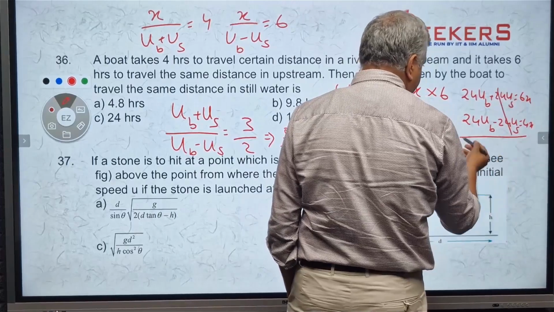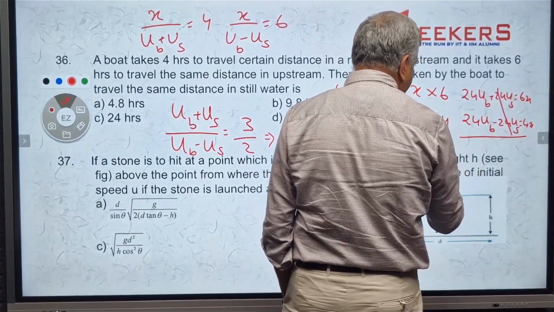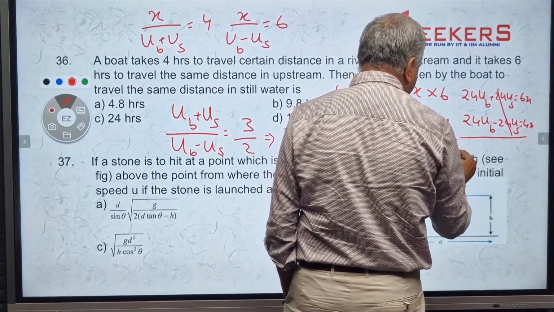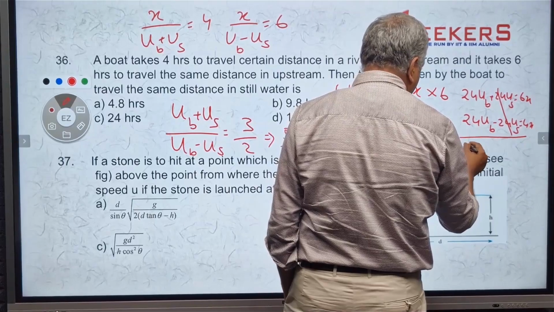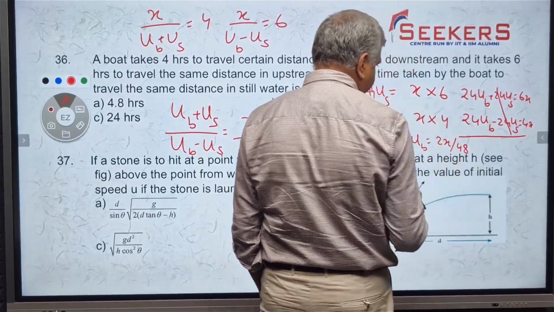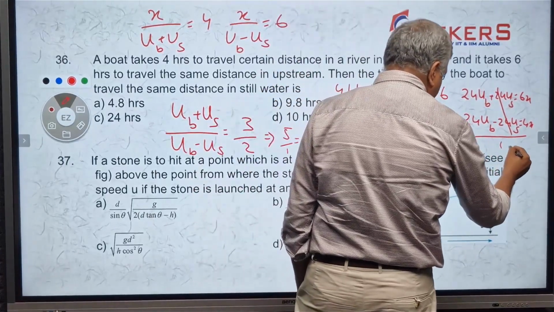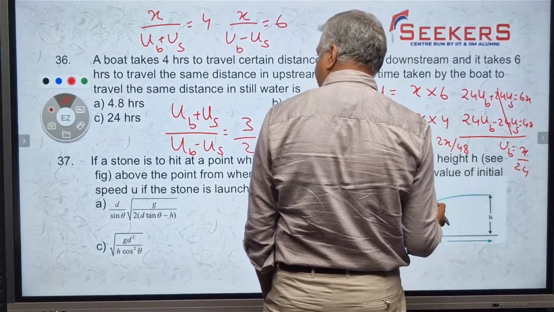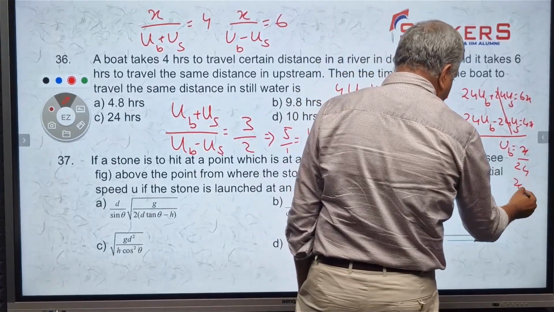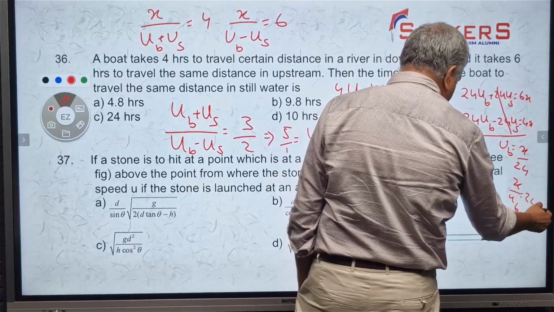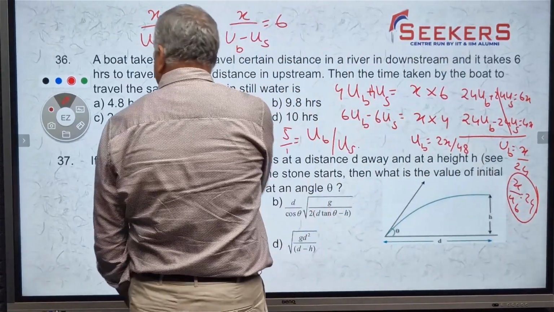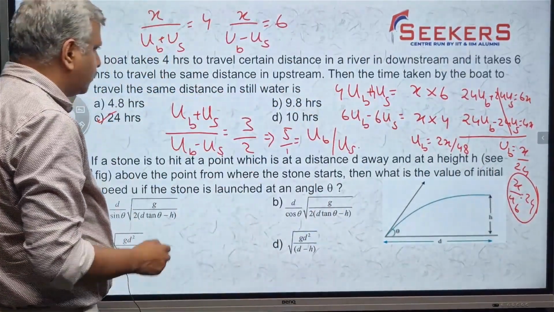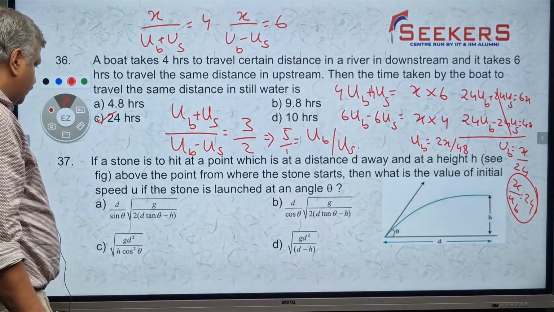So now if I add them, I'll get ub is equal to 2x divided by 48. Yeah, or ub is equal to x divided by 24. Now what do I need? I need x divided by ub. So x divided by ub will become 24. So that will give me the right answer. Okay. So I hope once you see the equation, then it works out to be correct.